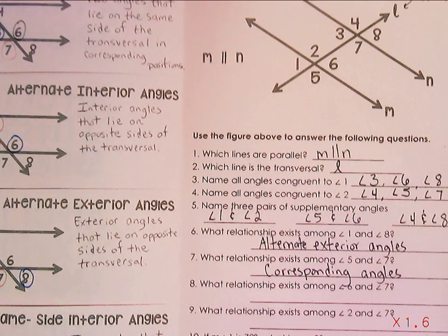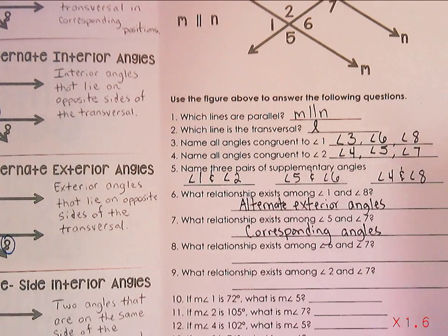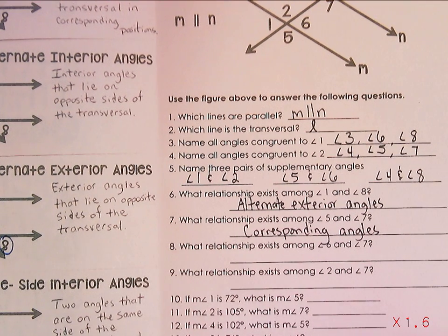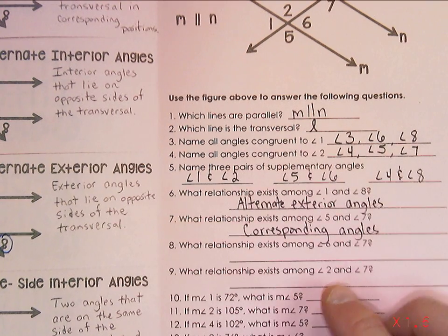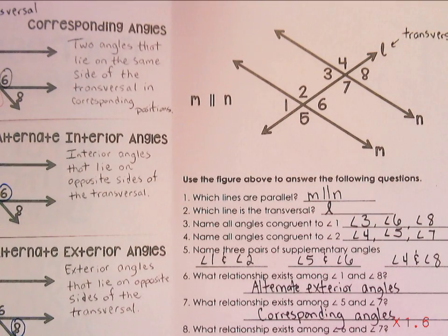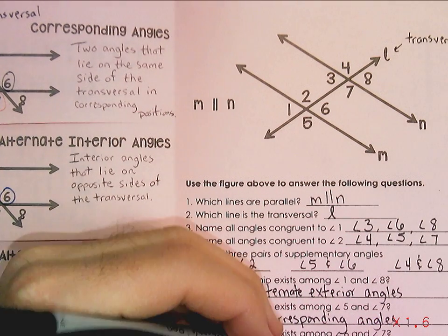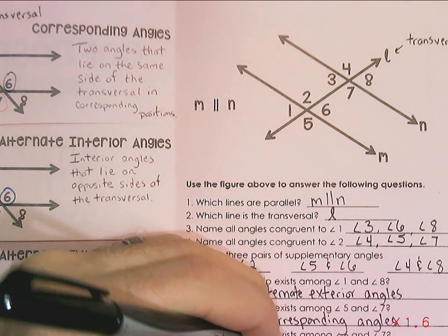What I'd like you to do is try 8 and 9. So pause the video and see if you can identify those, and then I'll write them down here in a minute. So give those a shot. Alright, you should have done both 8 and 9. So angle 6 and angle 7 would be known as same side interior angles.